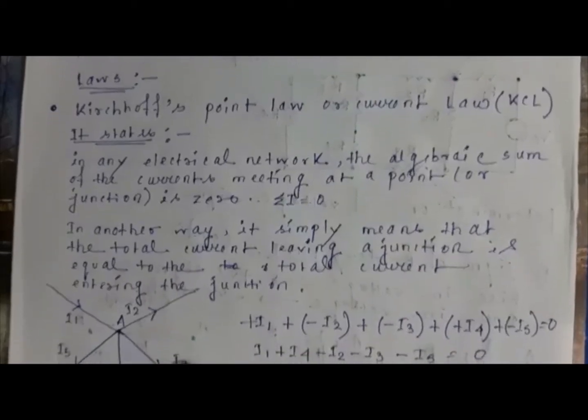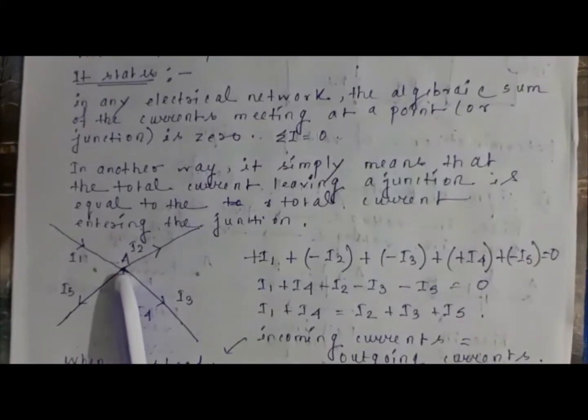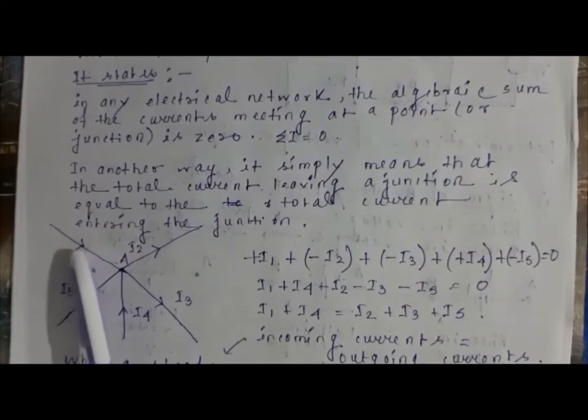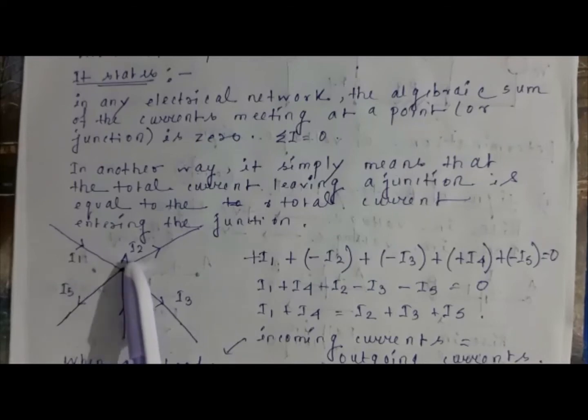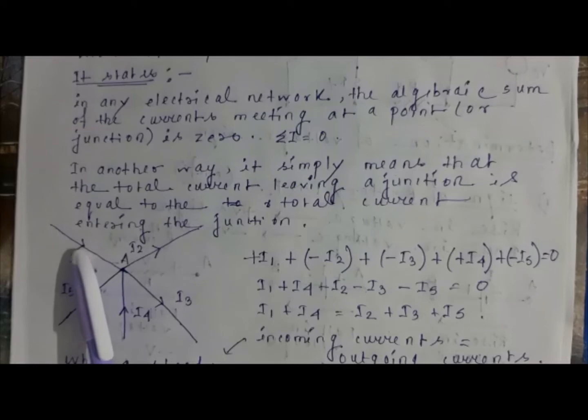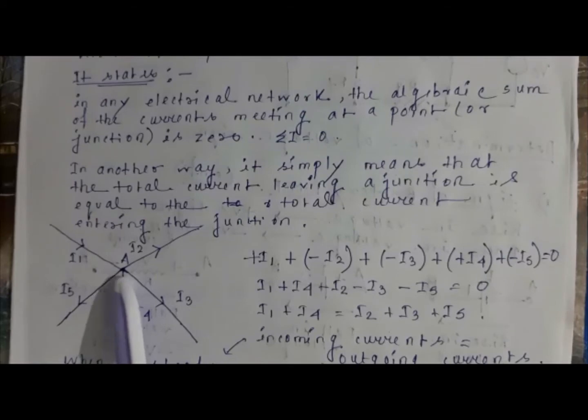Let me explain this. Suppose here you see this is A, this is my junction. Now over here you see I1 is one current, this is entering, and I2 is one current which is leaving. So when I1 is entering, that's something which is adding, so that's going to be plus I1.